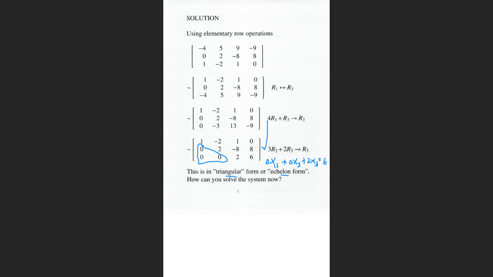But it might make more sense to try to produce some more zeros in the system of equations. So for instance, what if I could possibly produce zeros in this triangle here?